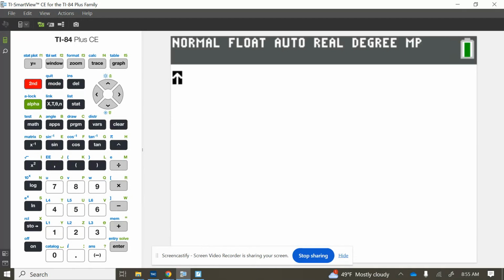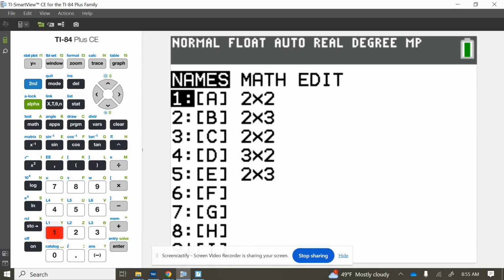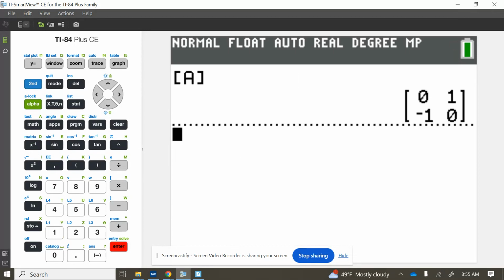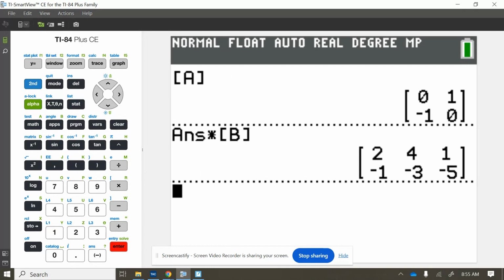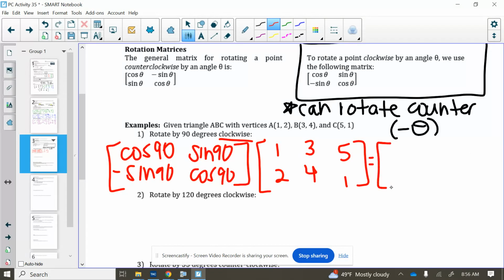If we multiply our two matrices, A times matrix B, we see that our rotated matrix now has the coordinates of (2, negative 1), (4, negative 3), and (1, negative 5).